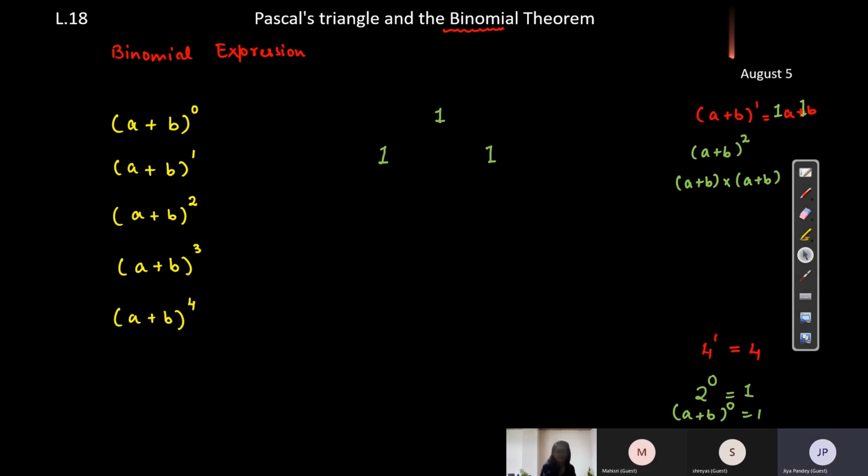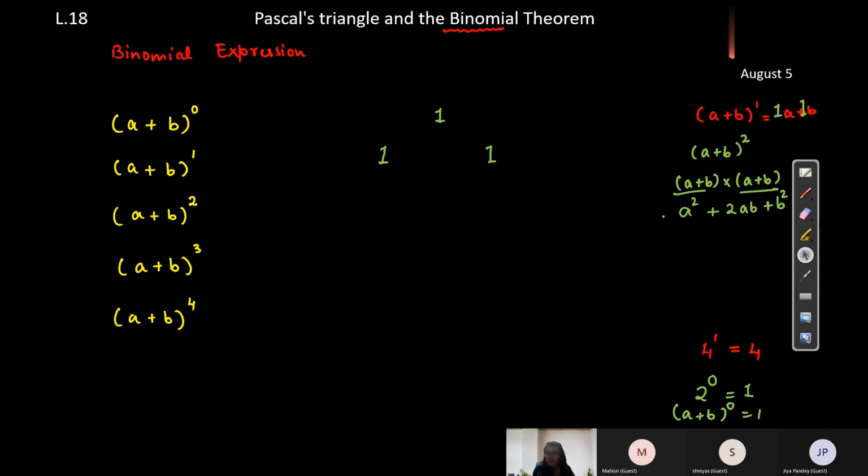It's A squared plus 2AB plus B squared. Awesome. When you multiply A plus B with A plus B, you're going to get A squared plus 2AB plus B squared. This is actually the concept of multiplication of two binomials. Do you see? I'm multiplying two binomial expressions.